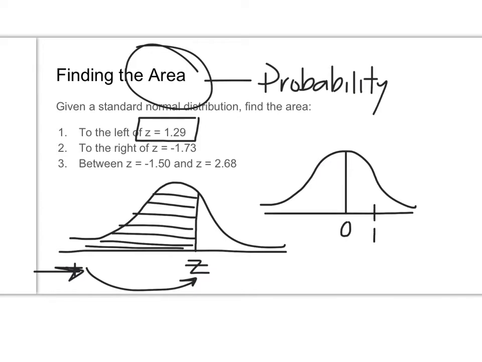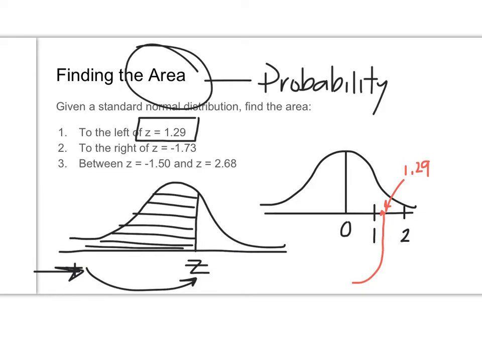If this is 1 and this is 2, then 1.29 is somewhere here. Let's assume that the location of 1.29 is a point closer to 1 than to 2. Find the area to the left of z equals 1.29.